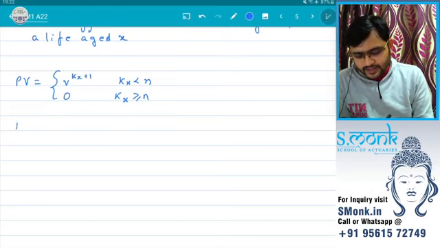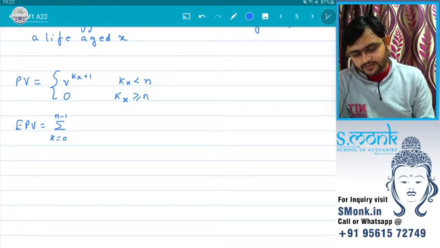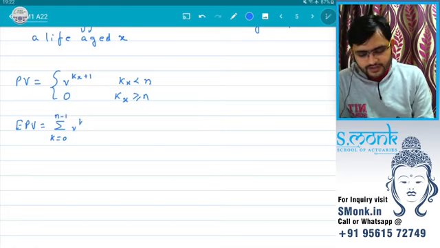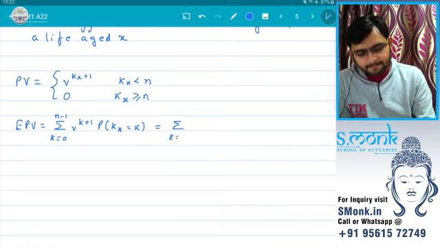So my expected present value becomes summation k going from 0 to n minus 1, v raised to k plus 1, probability K_x is equal to k, that is v raised to k plus 1, kpx qx plus k.